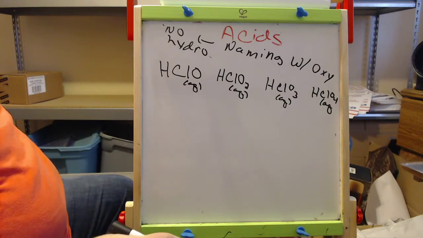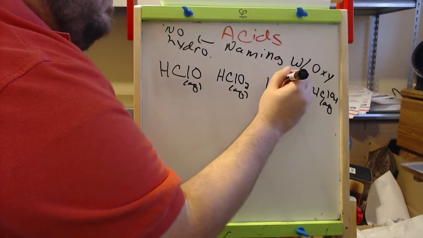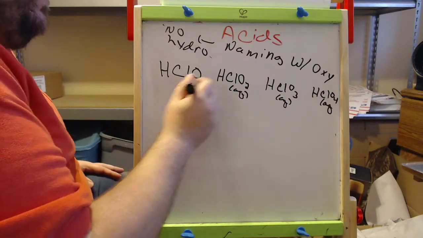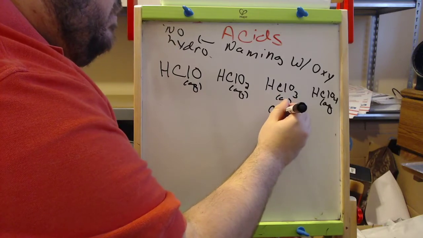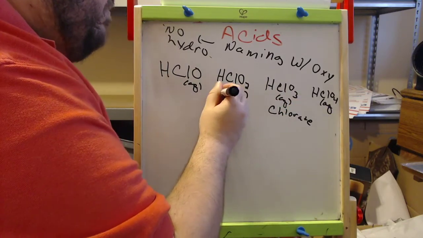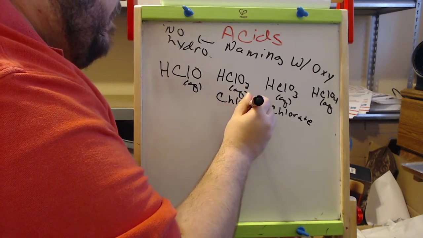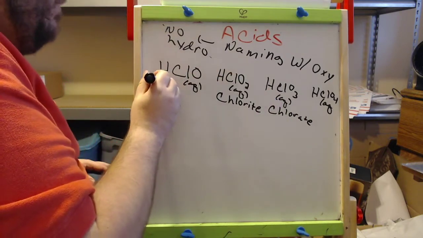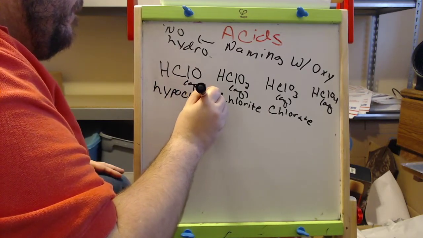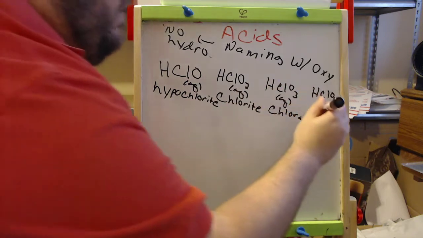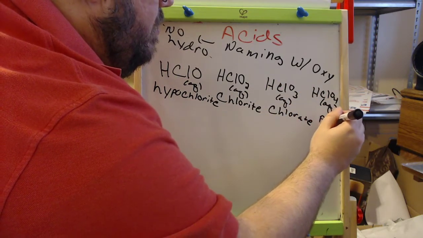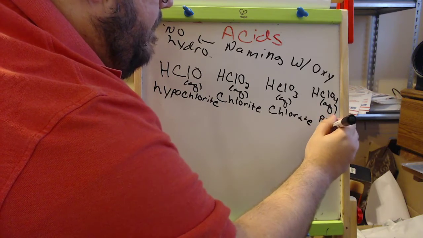Now, if you remember when we were doing our polyatomics, the anions here, this is chlorate. I'm not writing the acid out yet, I'm just writing what the anion is. That would make this chlorite. That would make this hypochlorite. And that would make this up here one more than chlorate, perchlorate.